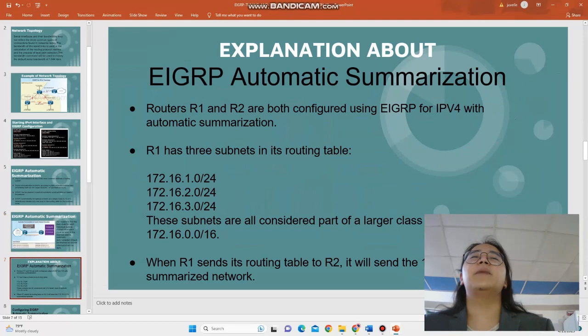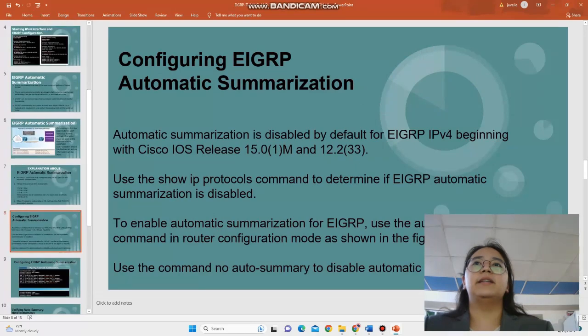So, explanation about EIGRP automatic summarization. So, routers R1 and R2 are both configured using EIGRP for IPv4 with automatic summarization. So, this one is R1 has 3 subnets in its routing table. So, that one.